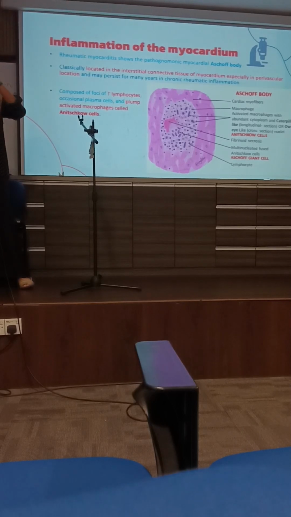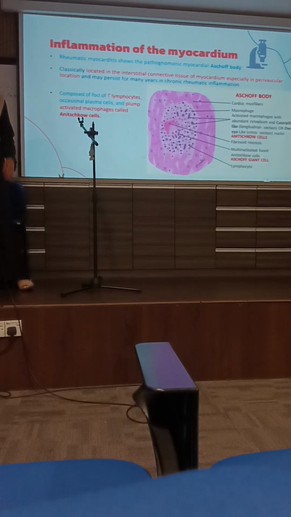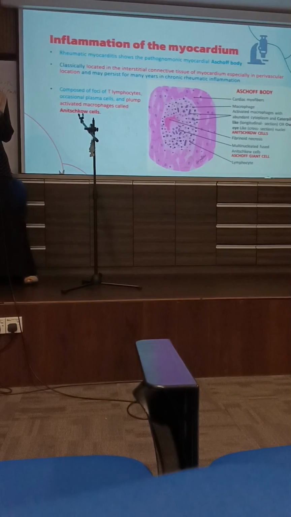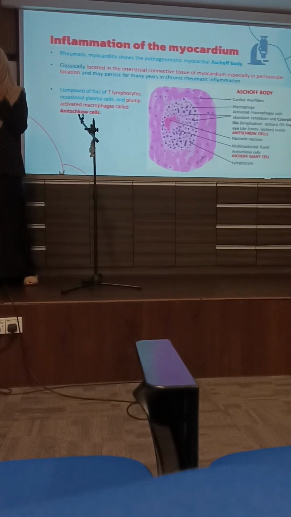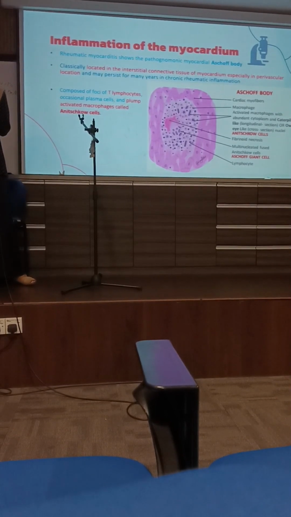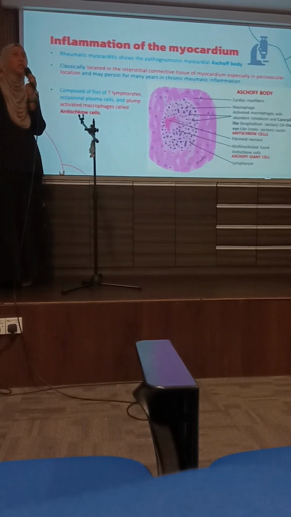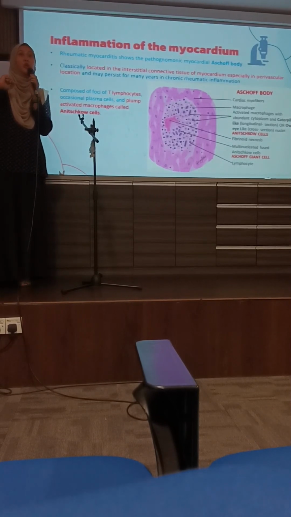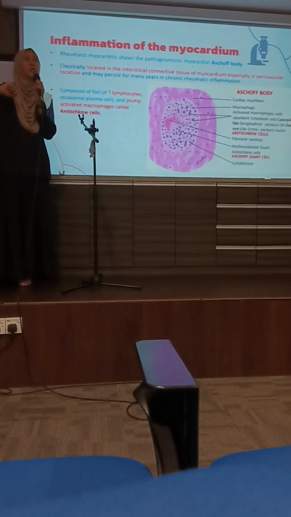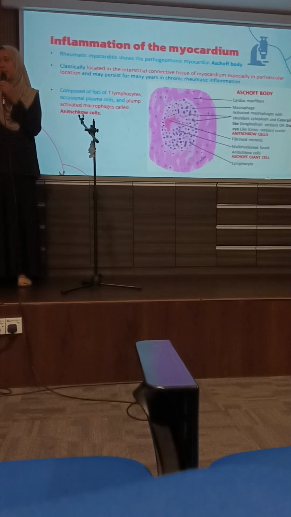Okay, so typically the inflammation of the myocardium is located in the interstitial connective tissue, and it occurs perivascularly. So that's why you get that fibrinoid necrosis. Okay, perivascular means surrounding a vessel. Peri, surrounding, vascular, vessel. So it occurs perivascularly, and it leads to this fibrinoid necrosis.